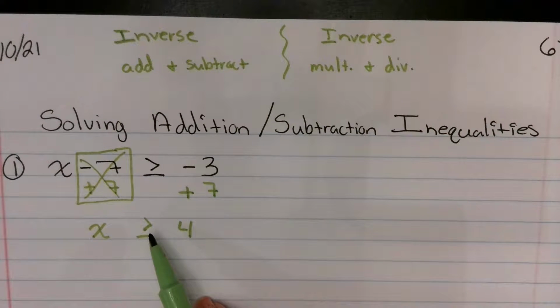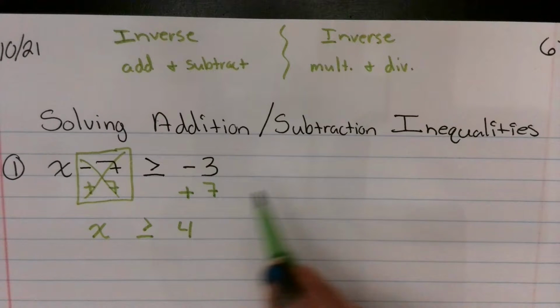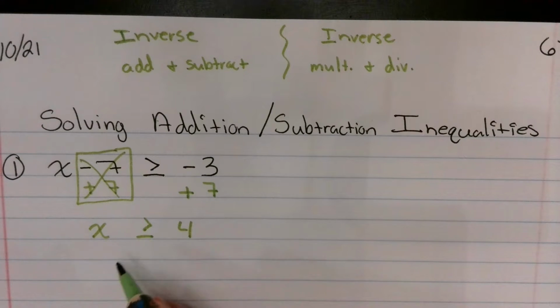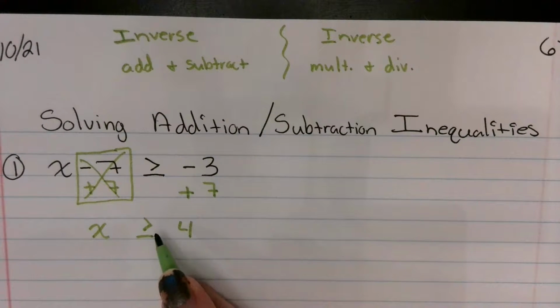It's a greater than or equal to sign. That means 4 is an answer, but so is 4.01, so is 4.02, so is 4.3, so is 4.8, so is 5, so is 15. You've got a range of answers that will work for this inequality.